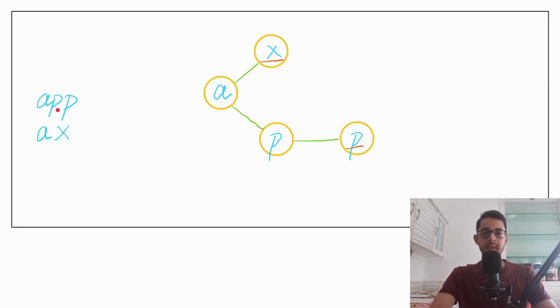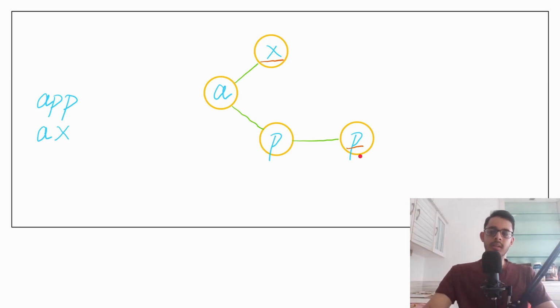And we'll set P, which is the next character, to be a child of A. And so A now has two children, X from the previous case and P from this current case. Now P is not alone. There is another P in the next iteration that comes up after it. And so we'll have P added as a child of the previous P. At this point, we'll again mark the end of this word.